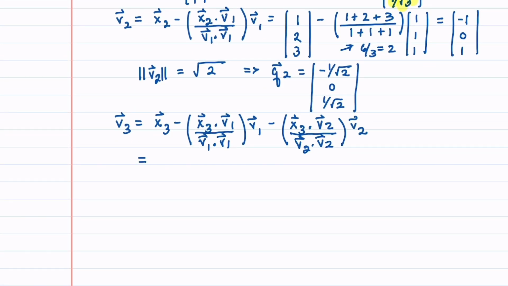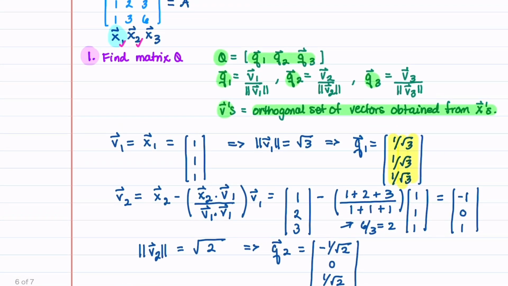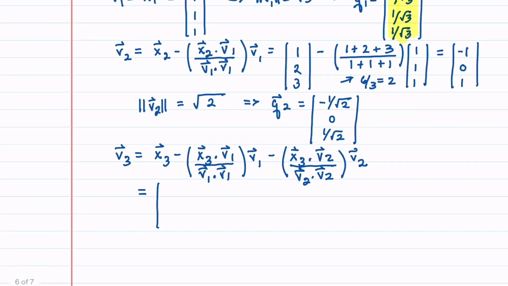Our v3 is then going to be x3. Let's look back up and see what that is. x3 is 1, 3, 6, minus x3 dotted with v1.